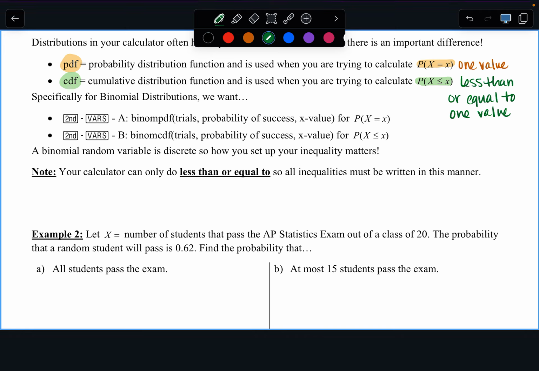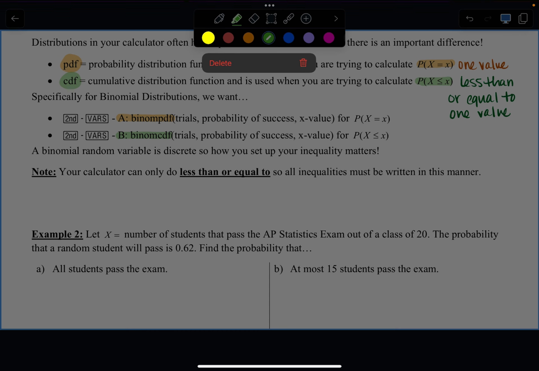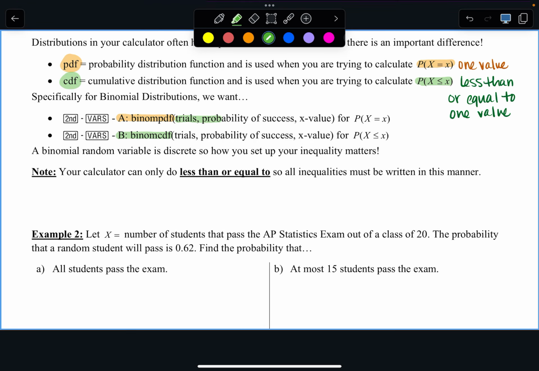Now, there will be binomial ones, there will be geometric ones. These are found in the same exact menu where we were doing normal CDF. If you go to second vars, option A should be binom PDF, option B should be binom CDF. You have to make sure you pick the right one, because the questions it asks you once you get into both of these functions are exactly the same: trials, probability of success, and the X value.